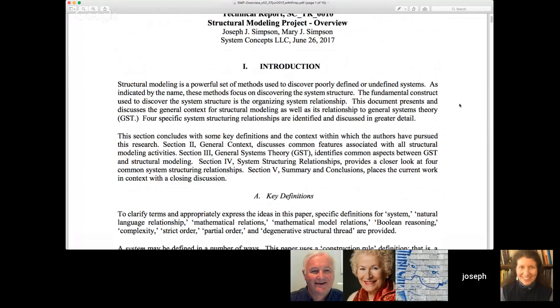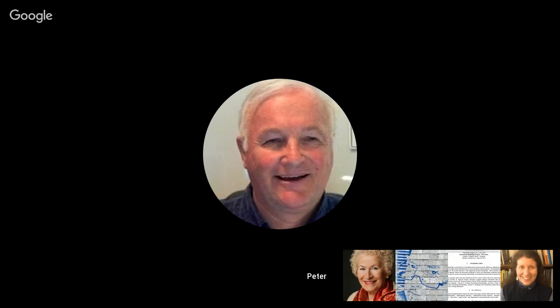So the benefit of using a formal language is you can automate the translation. Yeah, that's great, as long as your rules of translation are very transparent.